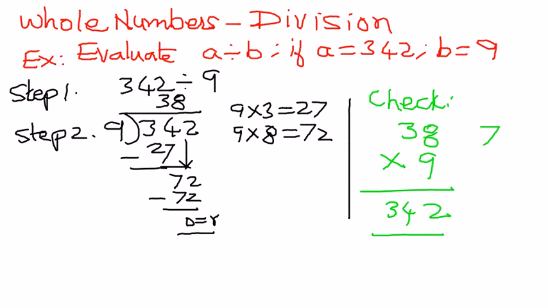So we came back to the original problem, which was 342. So when we divide 342 by 9, we get 38. When we take 38 and then multiply by 9, we get 342.